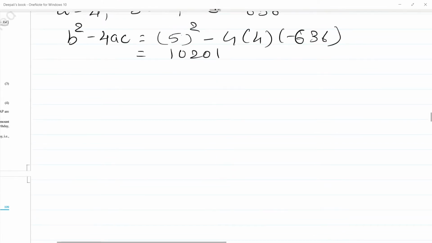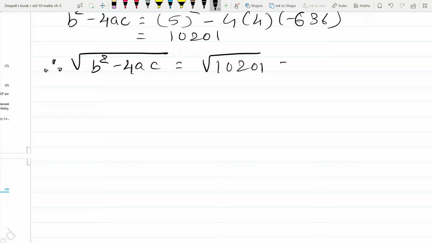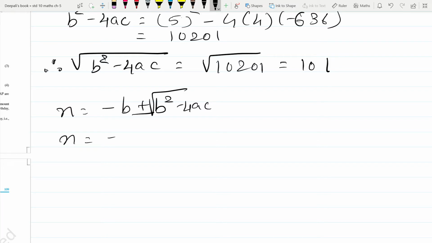Therefore, the square root of B square minus 4AC is the square root of 10201, that is 101. So I can say N is equal to minus B plus minus the square root of B square minus 4AC, upon 2A. N is equal to minus 5 plus minus 101 upon 8.